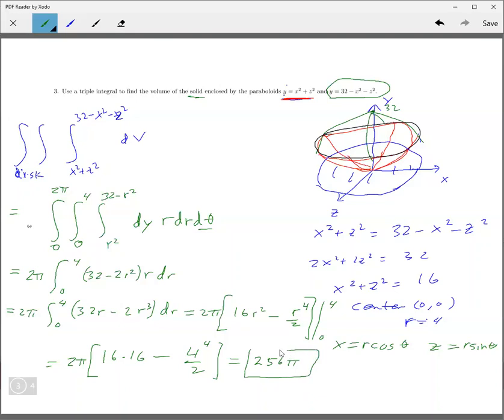I'm getting 256 pi. That works. Okay, so 256 pi.